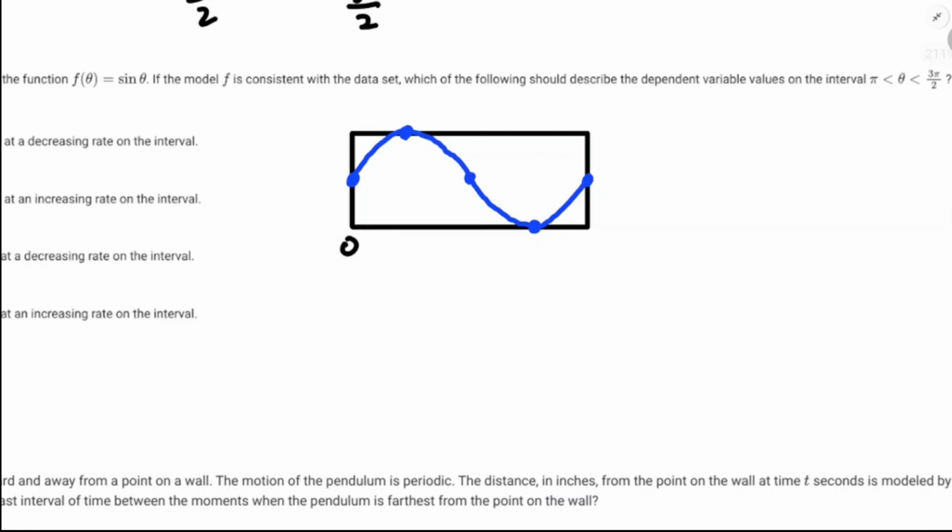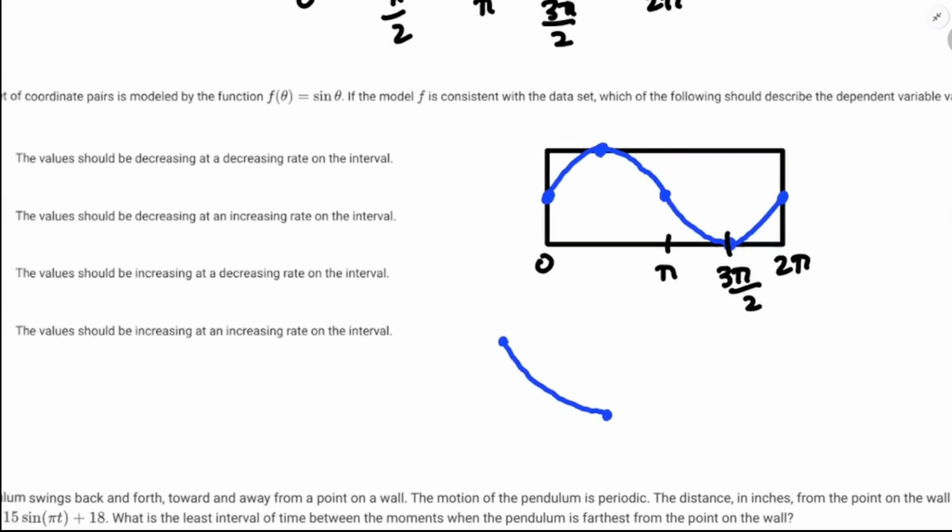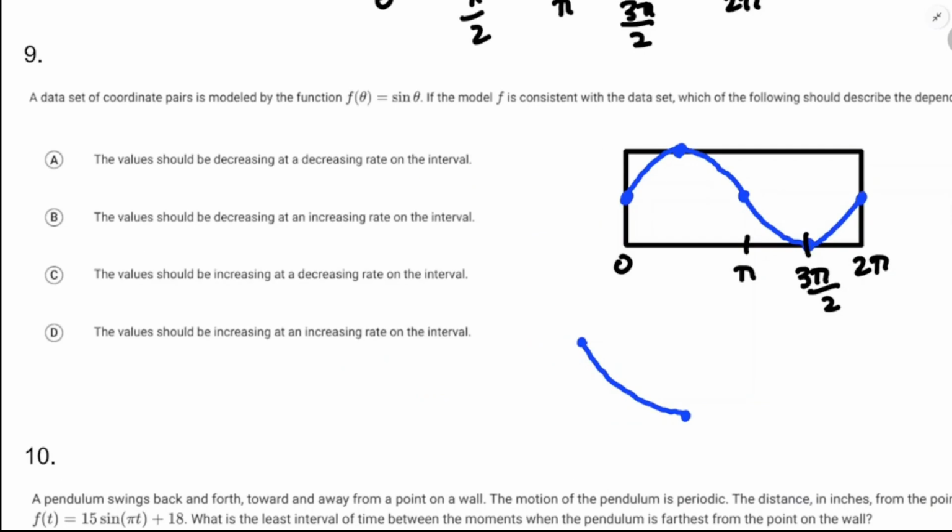Okay, so I'm graphed on 0 to 2 pi, so that's pi here. That would be 3 pi over 2. If I were to break out this graph, it would be doing that. Okay, the graph is decreasing. Values should be decreasing. It's concave up, so the rate should be increasing. It'll be decreasing at an increasing rate. So I'll choose B.